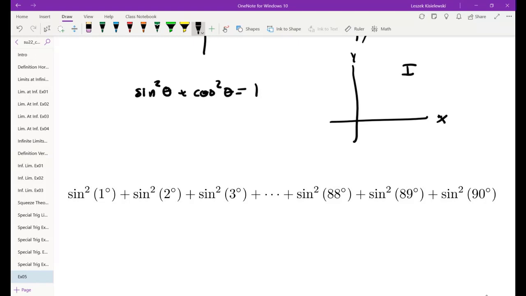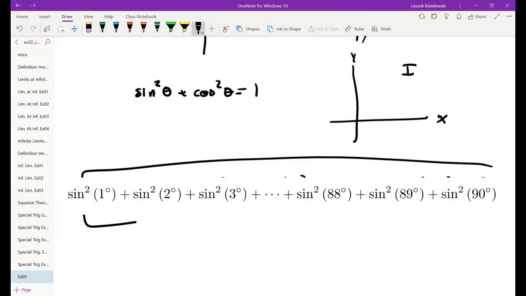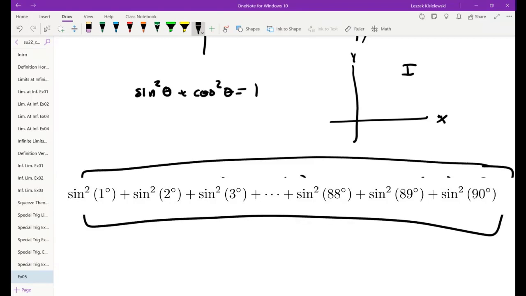What is the sum of sine squared of 1 degree, sine squared of 2 degrees, so on, all the way through sine squared of 90 degrees? What is the sum equal to? It's a puzzle. Good luck if you want a puzzle.